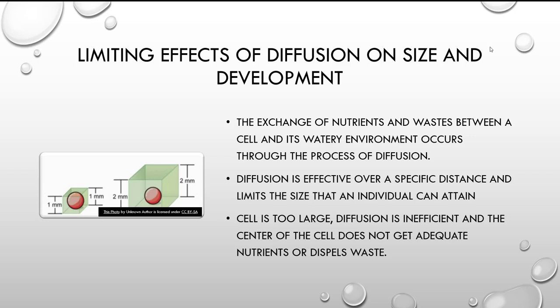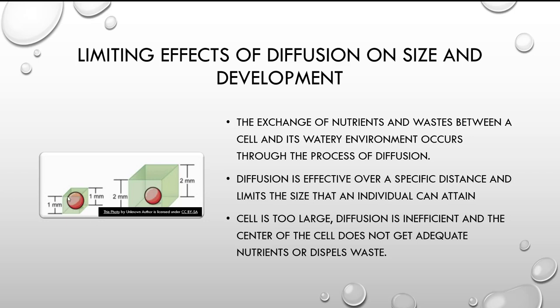But diffusion is effective over a specific distance, and it's limited in size. Okay, so if the cell's too large, then the interior of the cell is not going to get enough nutrients, and too much waste product will develop, and it will have a hard time getting rid of it. So here's just an example of the size comparison.